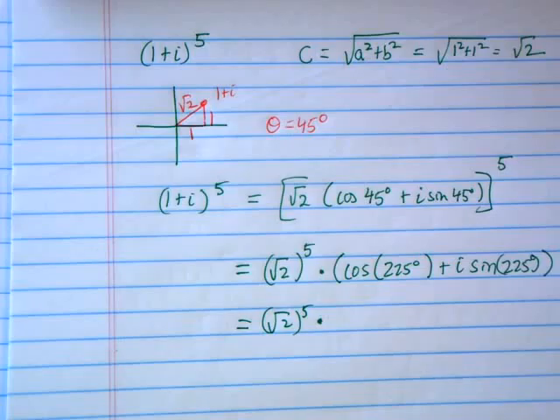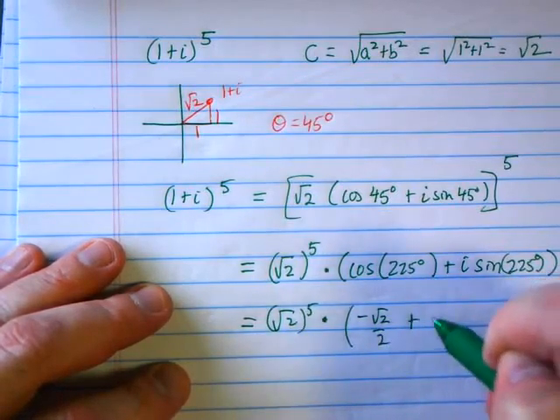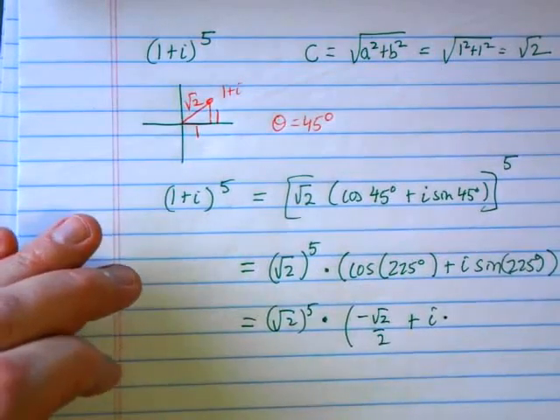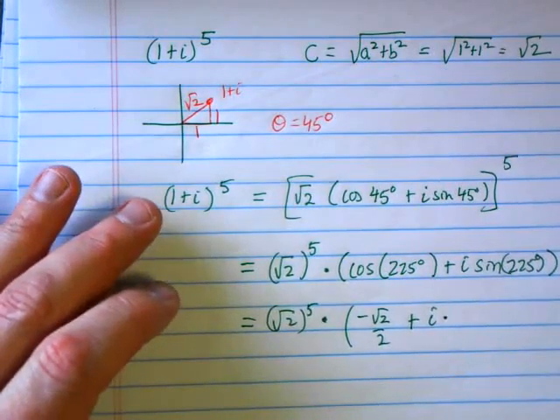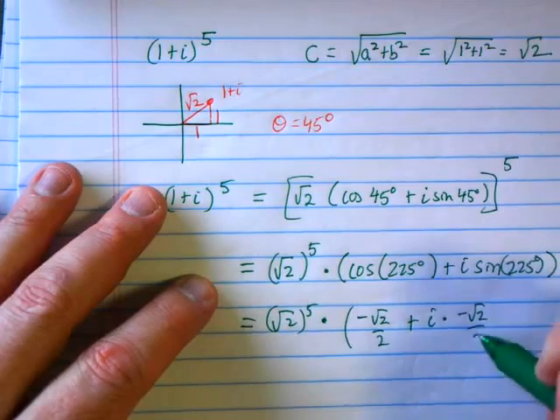It is 45, because if I take 225 minus 180, I get 45. So what's the cosine of 225 degrees? Negative square root of 2 over 2. Plus i times, what's the sine of 225 degrees? Negative square root of 2 over 2.